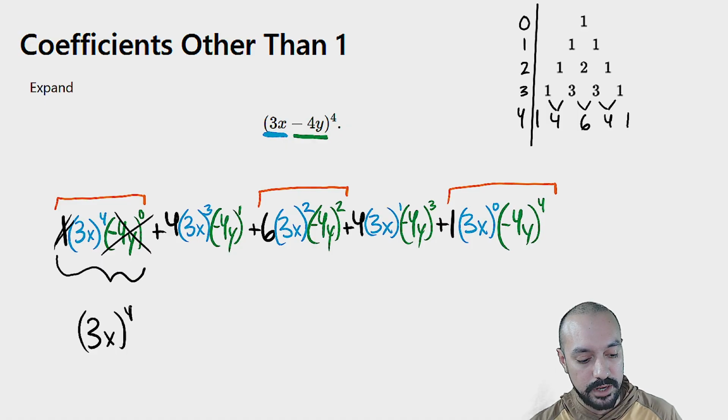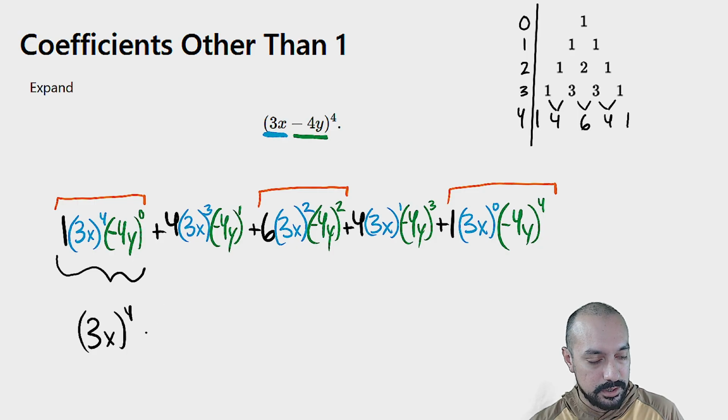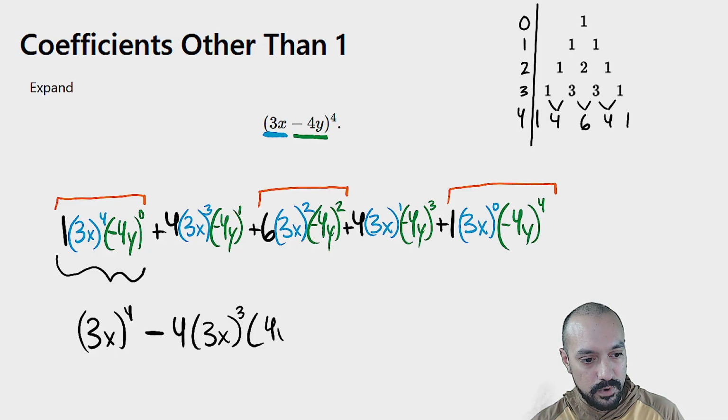I don't have to write it again. This next one turns into a subtracting term with a 4, a 3x to the 3rd power, and then a 4y. If you're asking where this negative sign went, I moved it out in front.